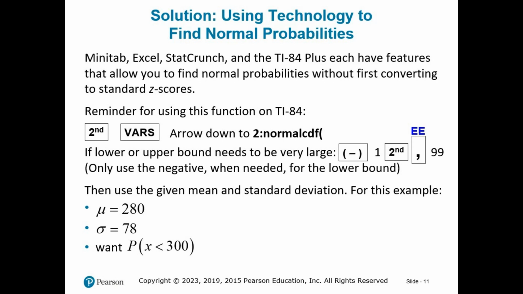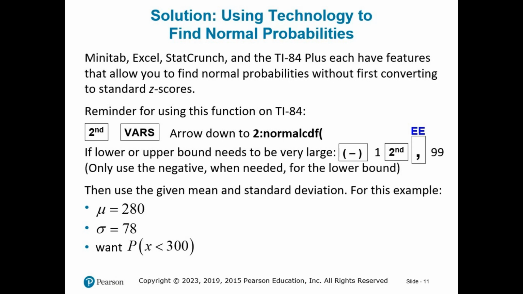Okay, for this problem, our mean is 280, our standard deviation is 78, and they want the probability of x being smaller than 300. So we need to enter it this way. We want to do second vars to get the distribution menu, then arrow down to 2 normal CDF, and we want a large lower bound.